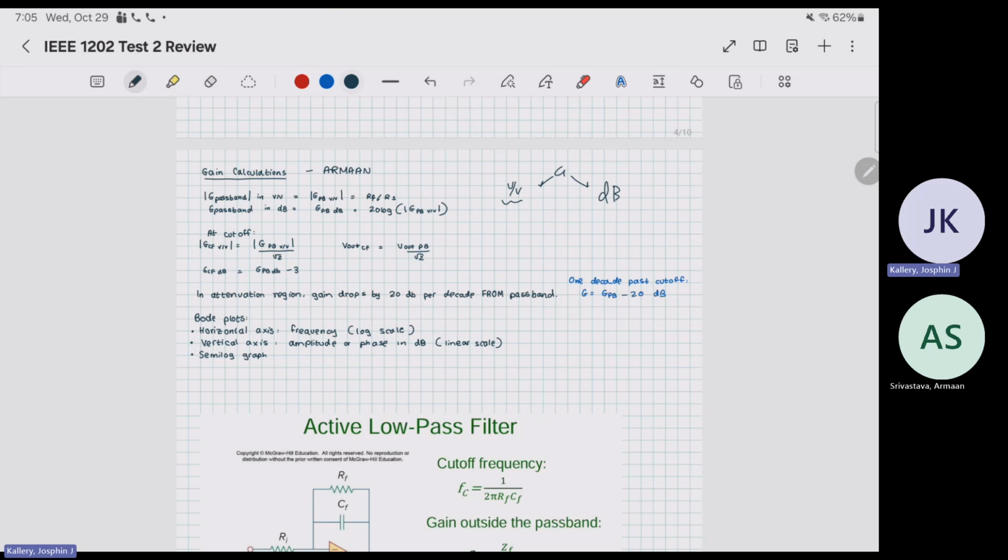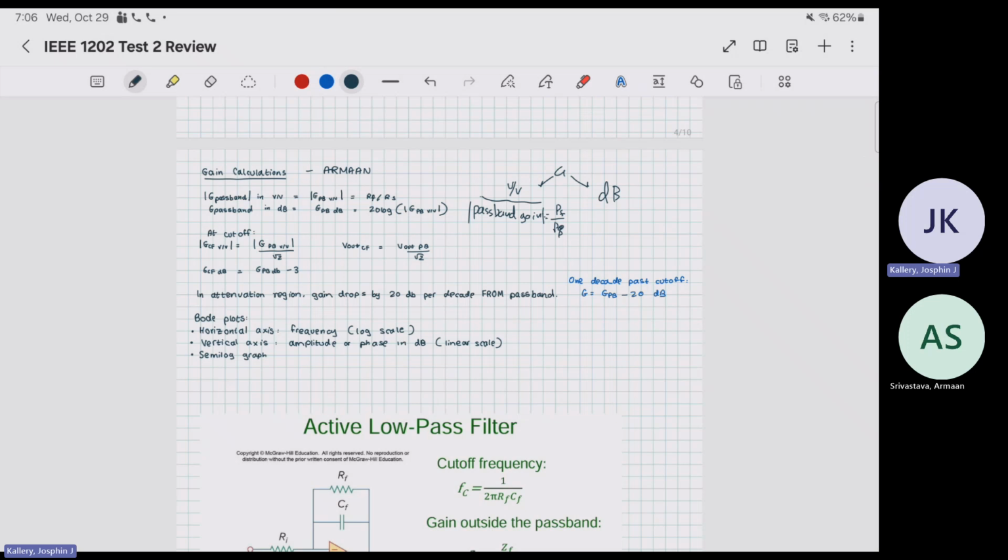Real quick, I'll run through some formulas behind all of these. Underneath volts over volts, our passband gain, or the absolute value of it, will be RF over RI, as if it was an inverting amplifier.